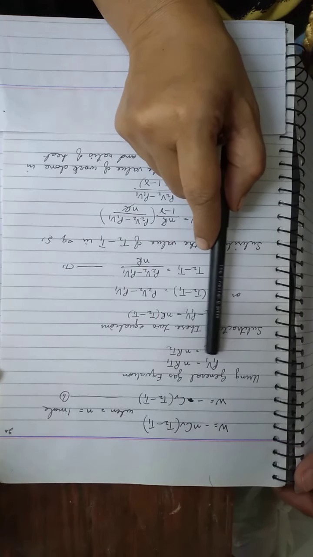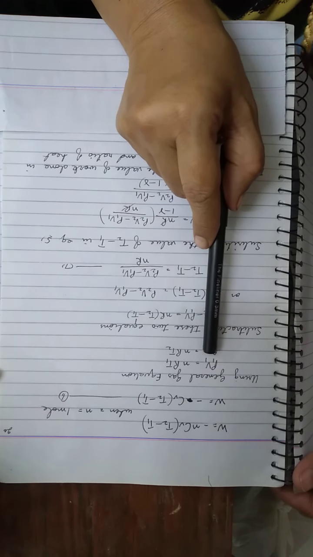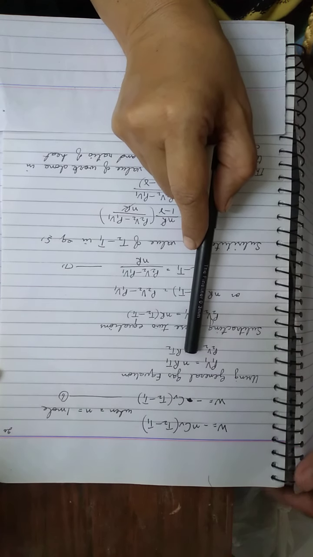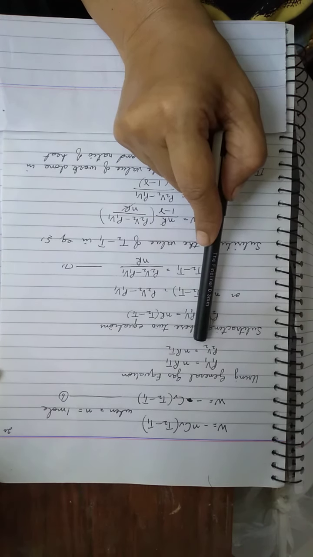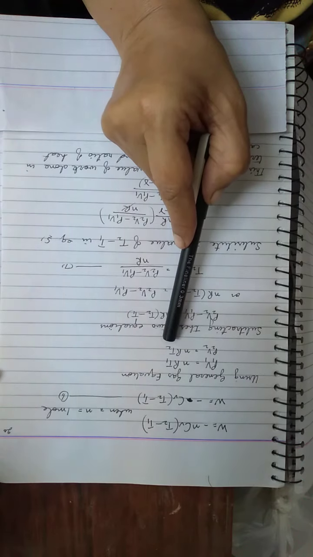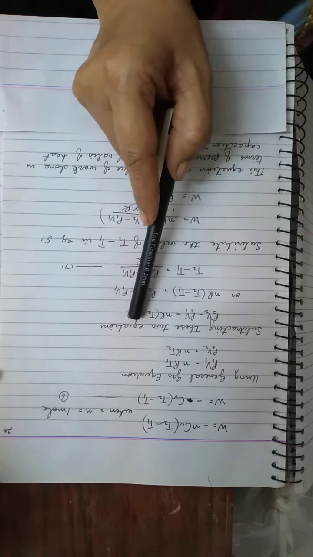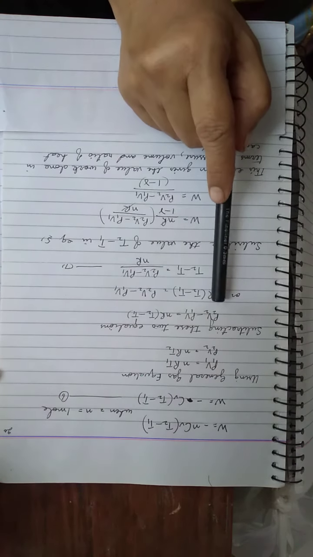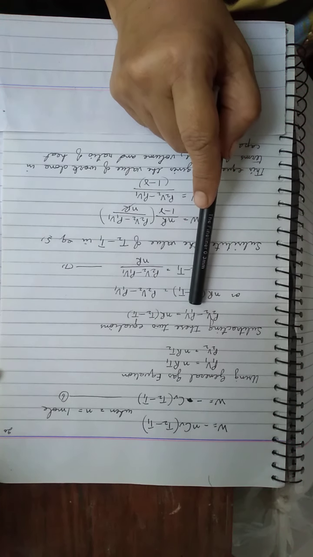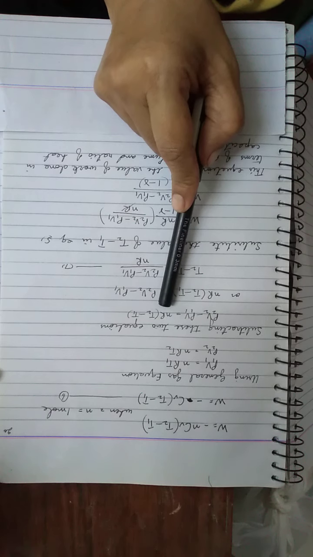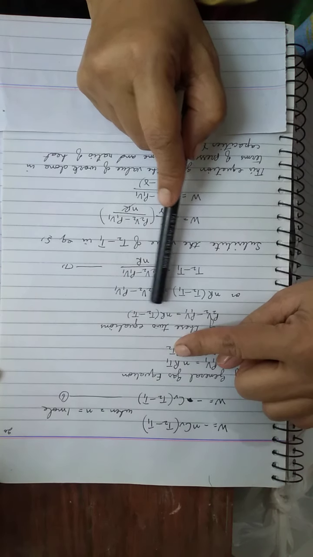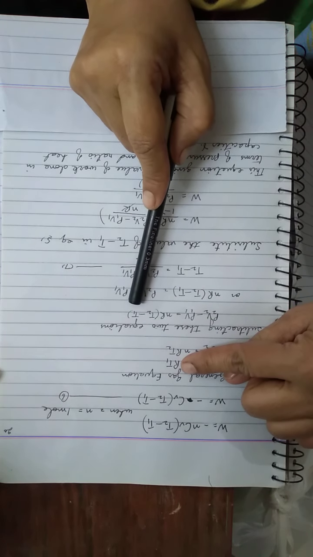Now use the general gas equation. P1V1 is equal to nRT1. P2V2 is equal to nRT2. Subtract these two equations from one another. P2V2 minus P1V1 is equal to nR into T2 minus T1.